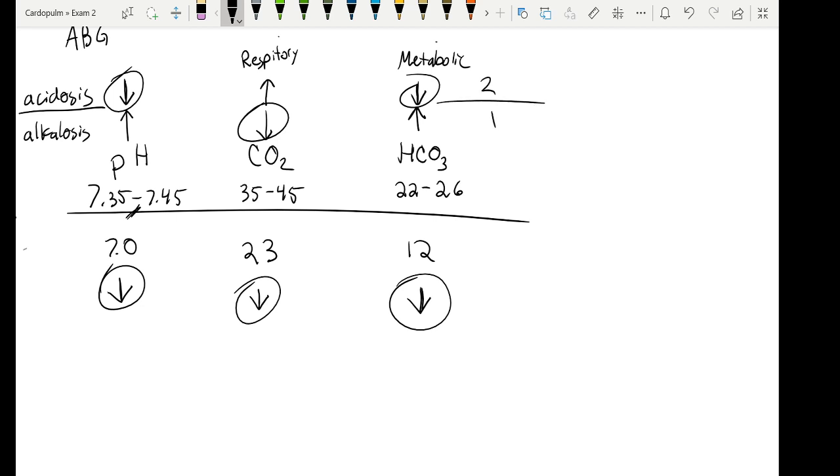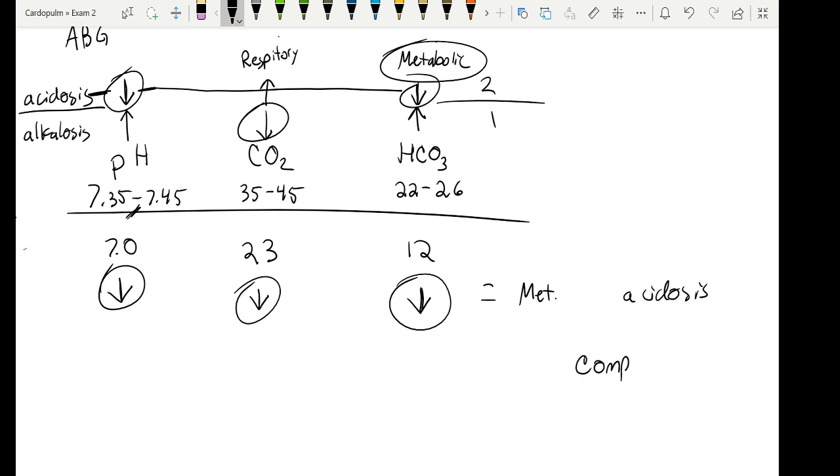Okay, right here, we know that we're in acidosis because our pH is low. So go ahead and write acidosis. Now, what lines up with this? So if you draw a line all the way over, there we are. We're in metabolic acidosis. Now we've got compensated or uncompensated.